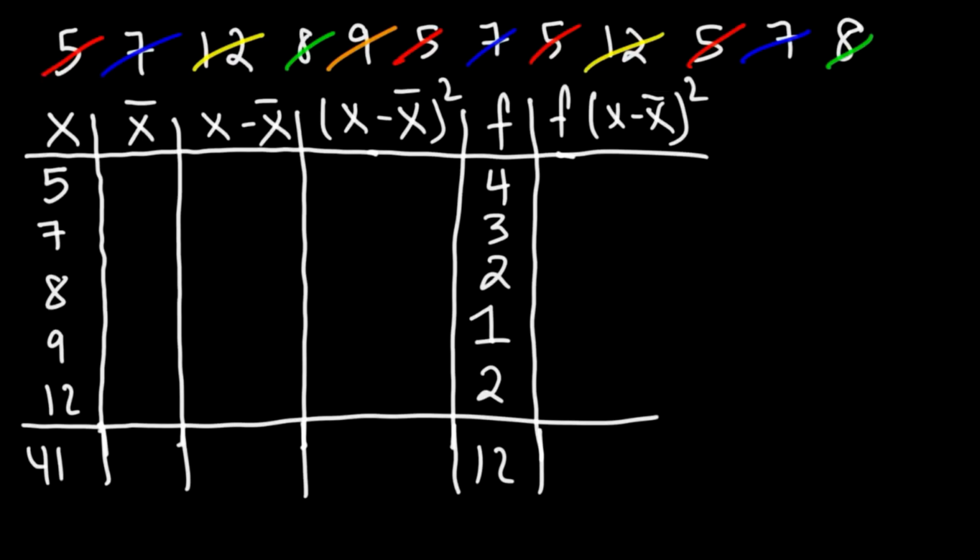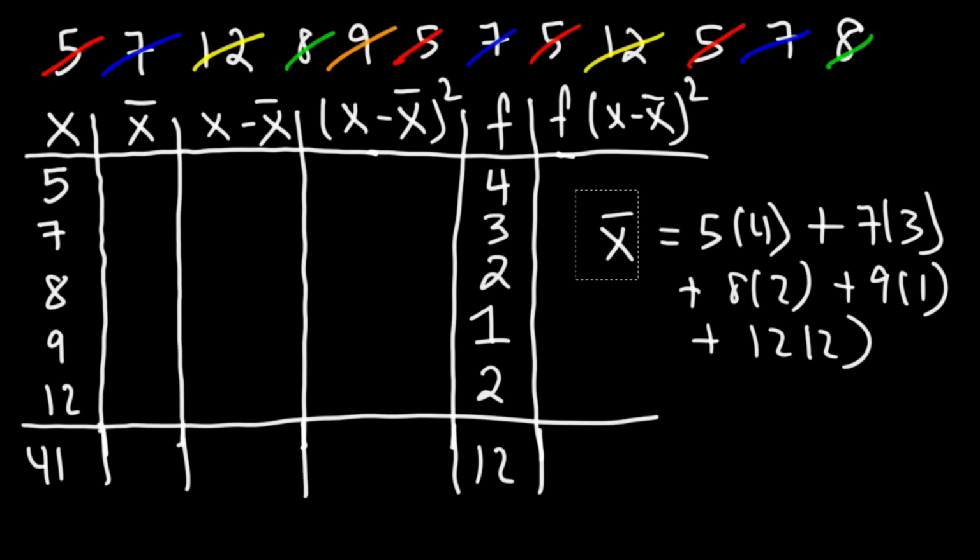The next thing to do is to find the mean. The first thing we're going to do is to multiply each number by its frequency. The sum of these values is 90.